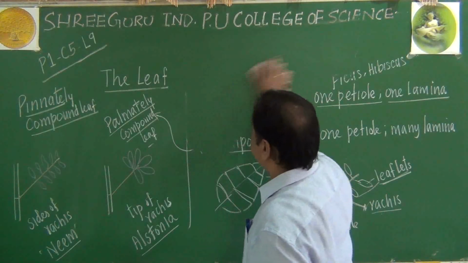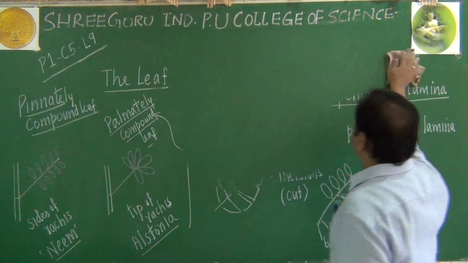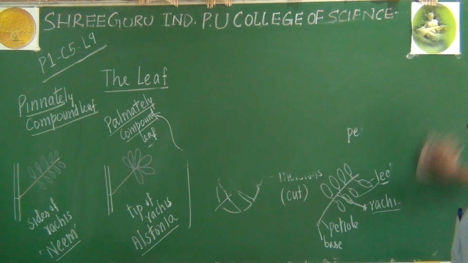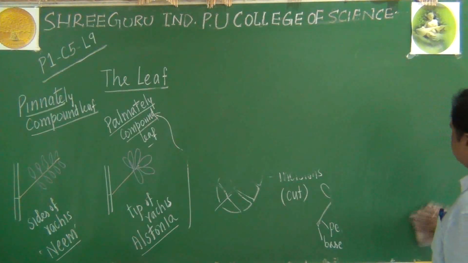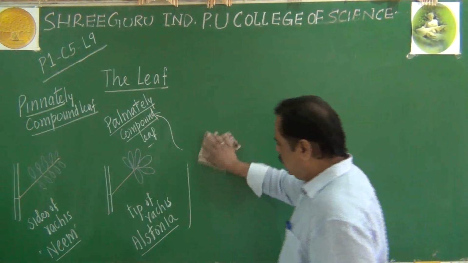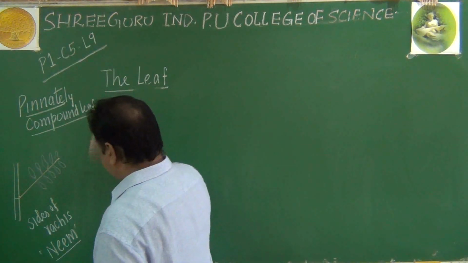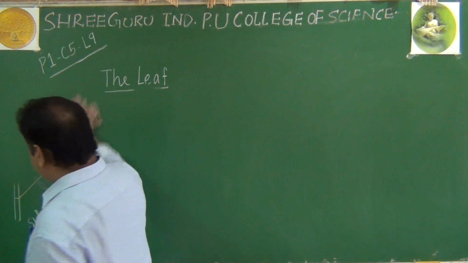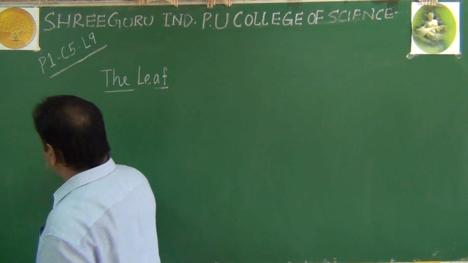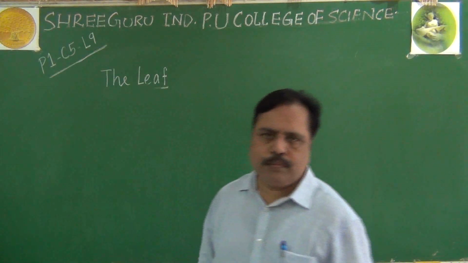Okay, students, you can go through the textbook also. These terminologies are given in detail in your textbook. Let us go to the next aspect related to the leaf. I have already told you about root and the stem also.